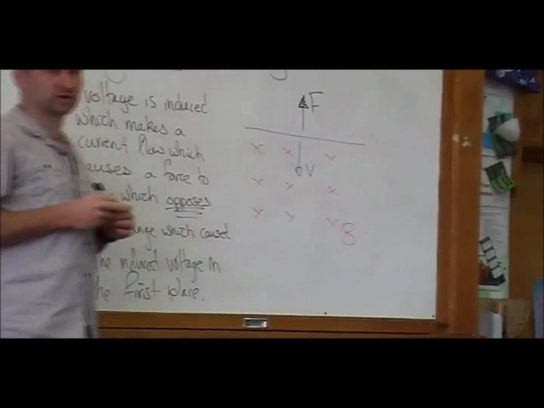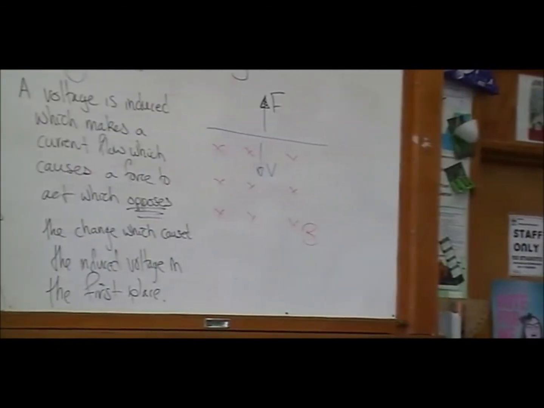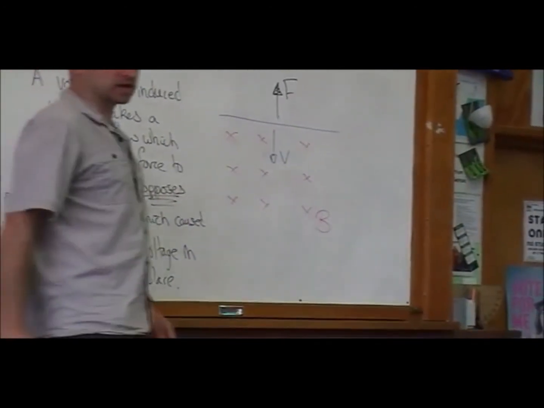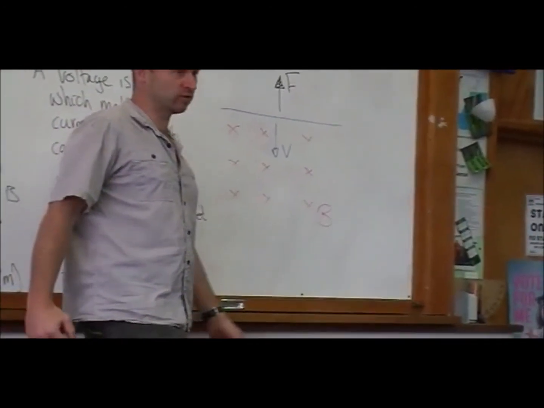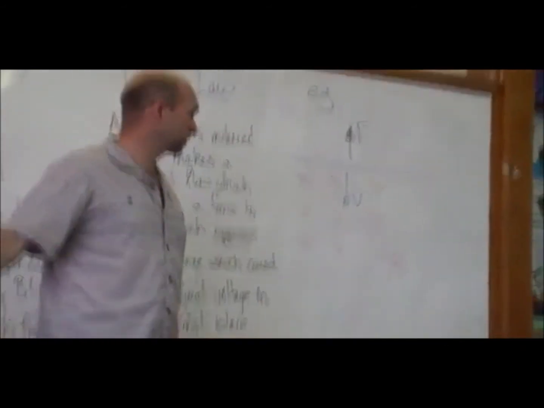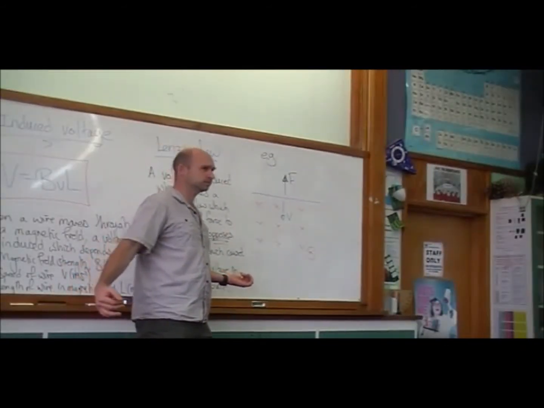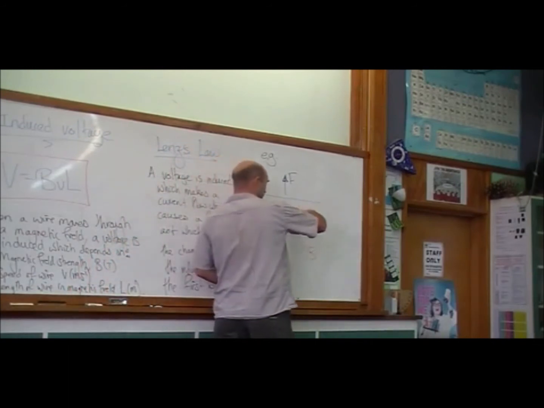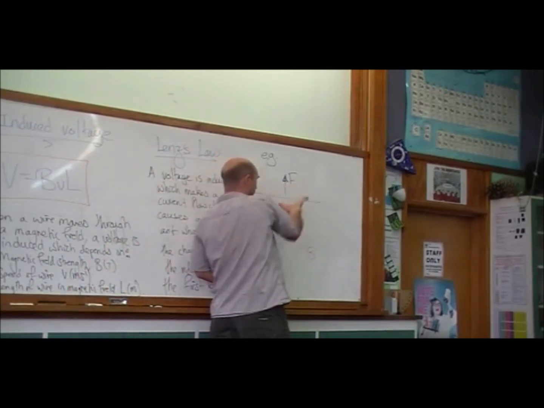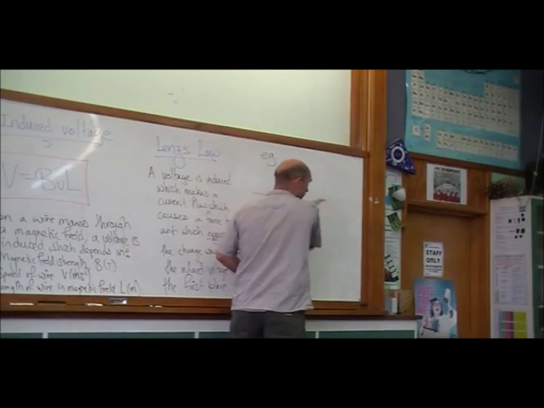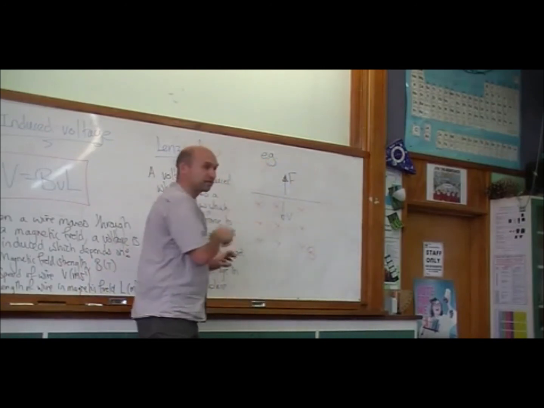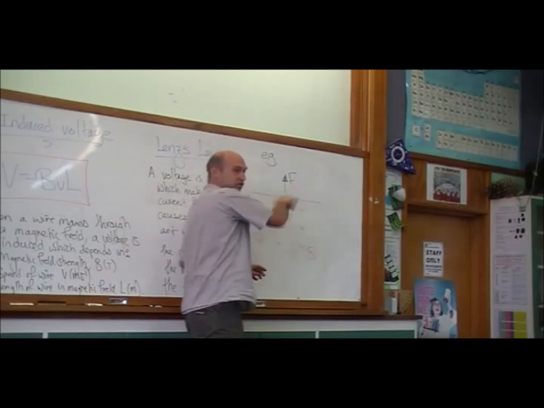The change is the velocity, and so the force must be upwards. Now we can apply our right-hand slap rule to find the direction of the current. What way is the current going to flow? Good. Fingers are field, slap is the force, thumb is the current. So with that set up like that, we're going to have the current flowing to the right.